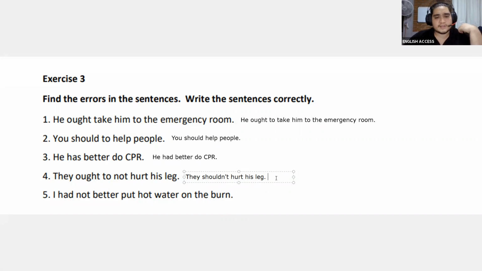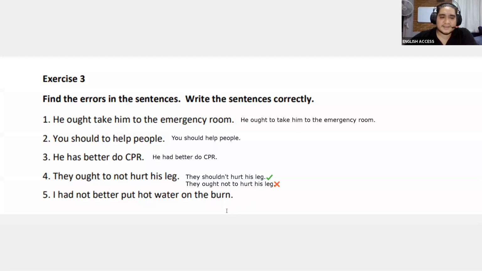So we either change it to shouldn't like Karen did, or we can put it as they ought not to hurt his leg. But again, this form for me is correct, and you will not find it like that. It's just not common. So let's keep going.